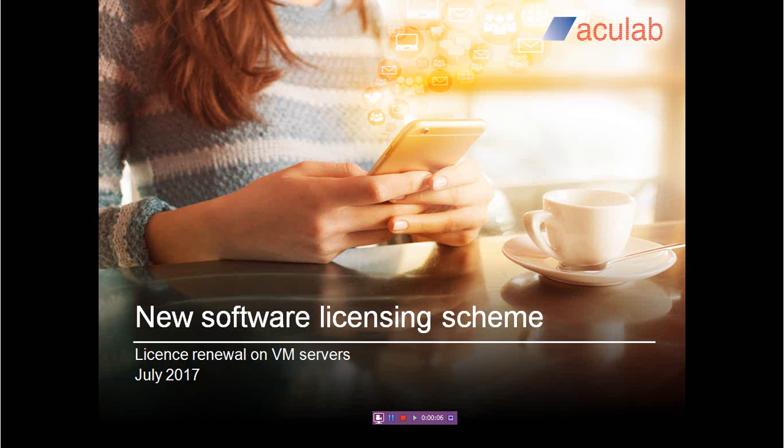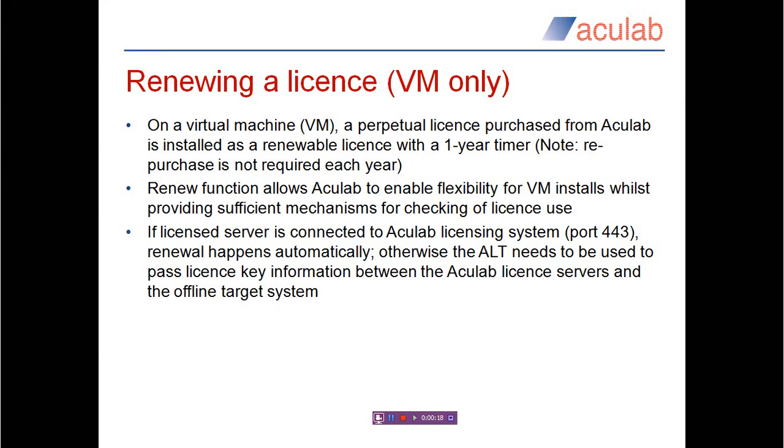In this short video, I'm going to talk through the process of license renewal on virtual machine servers. So, with Acculab's new licensing scheme, the way we handle licensing for virtual machines is when you purchase a perpetual license from Acculab, what is actually installed on the virtual machine is a renewable license with a 1-year timer.